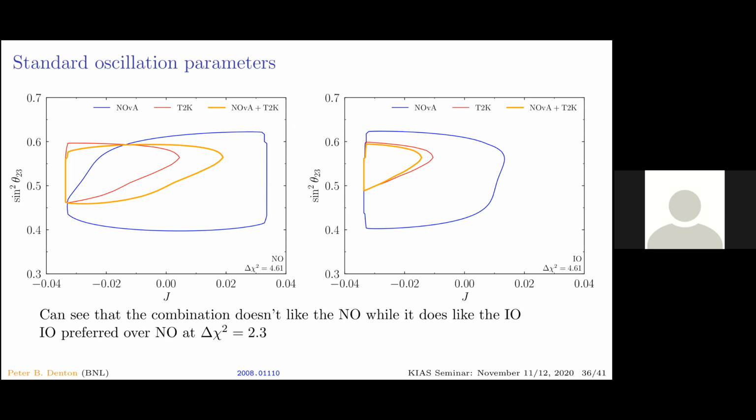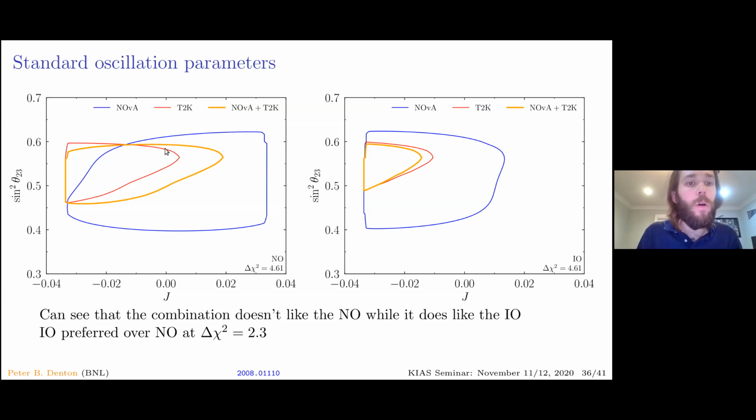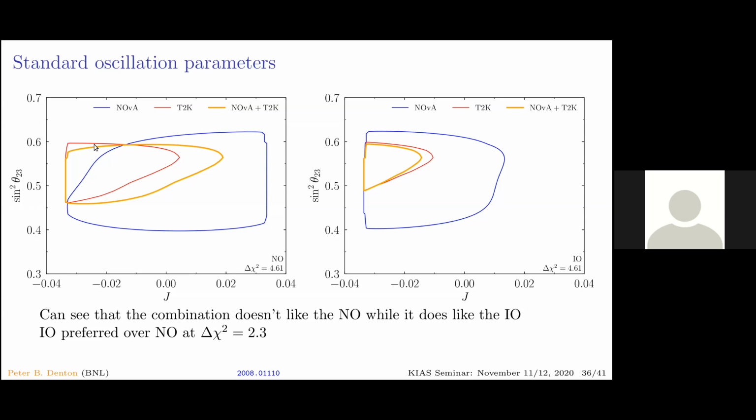When you combine NOvA and T2K, the blue curve covers a much wider region for the normal ordering. Yeah, for the normal ordering, NOvA is in blue, and T2K is, sorry, red.